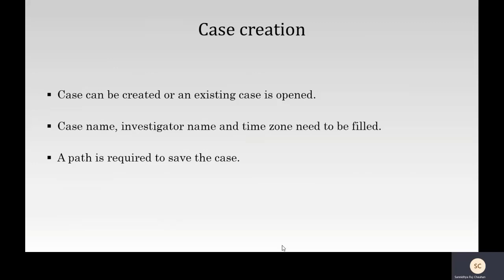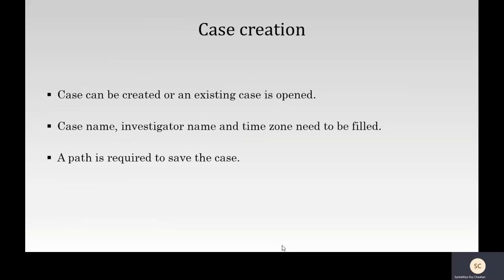Whenever we create a case, a case name is required, and the investigator name is required, that is, whoever is doing the investigation. A time zone is also needed, which is very important because suppose someone is doing the forensic task in one country and someone else in another country, and their time zones are different, so it may play a crucial role while collecting the evidence.